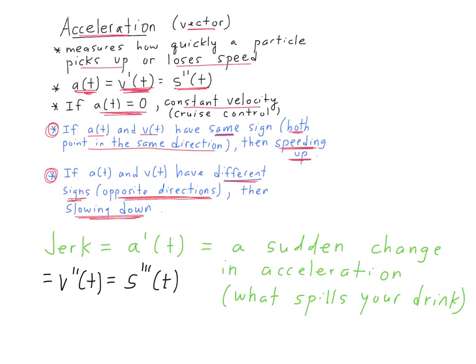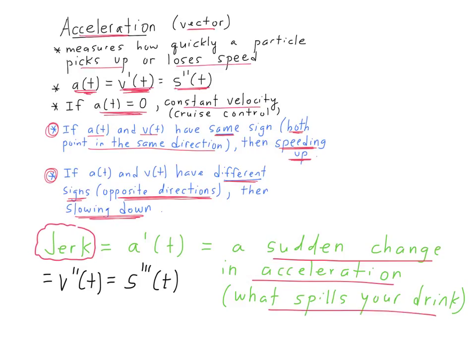Okay, and lastly, we have a term here that's not used that often, but we have the term jerk. It doesn't mean when someone's being a jerk. It's the other connotation, like when you're traveling and it's a very jerky ride. Well, a jerk is a sudden change in acceleration. A jerk is what spills your drink, right?